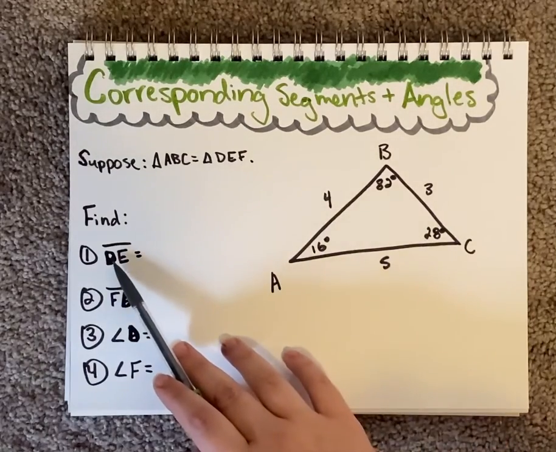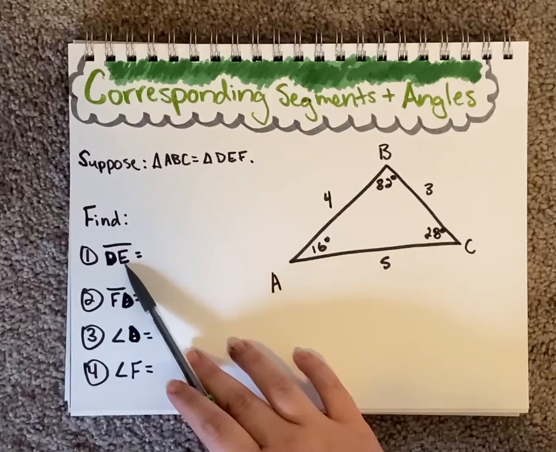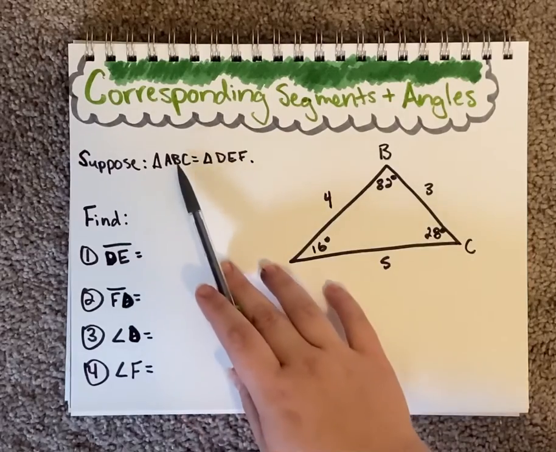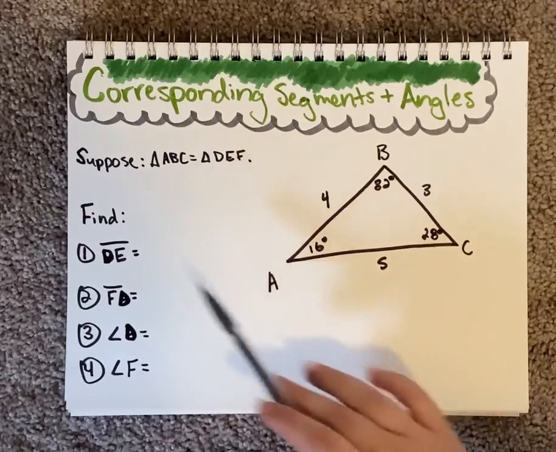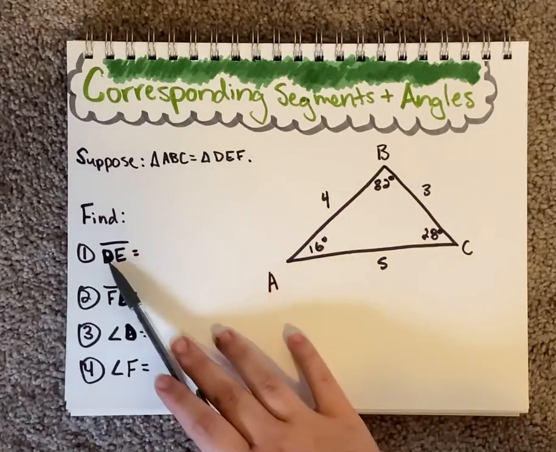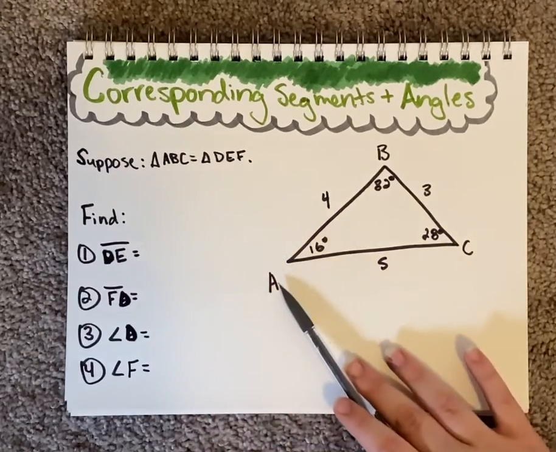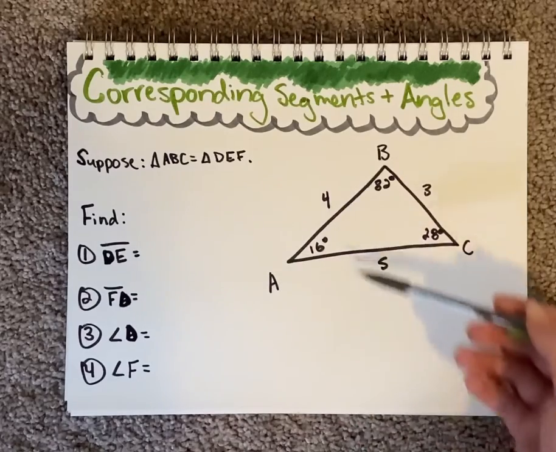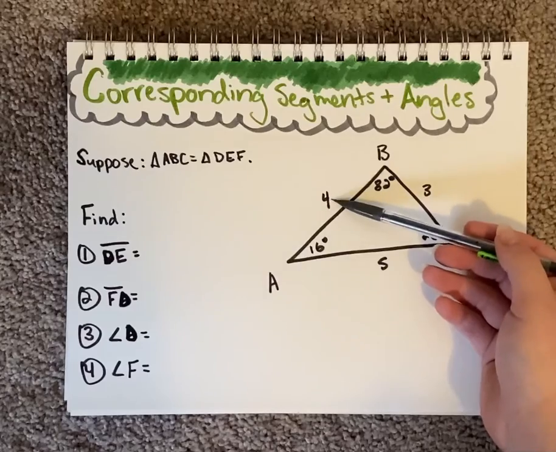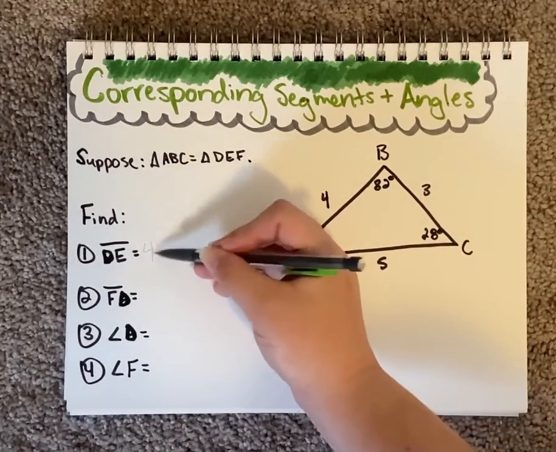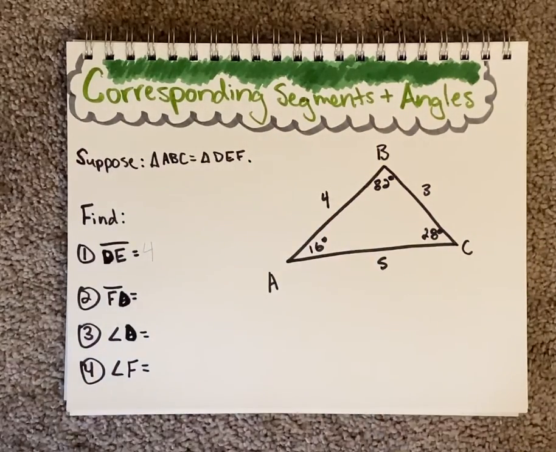Now, if we're trying to find line segment D to E, we want to go to E. So that means going from A to B, D to E. So we would assume that line segment DE would be line segment AB. So our length of line segment AB would be 4. So our answer to this problem is the line segment DE would be equal to 4.